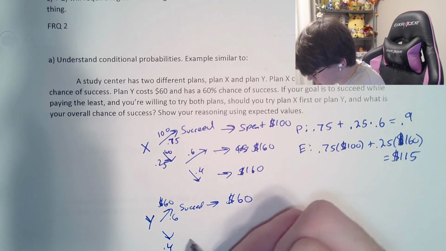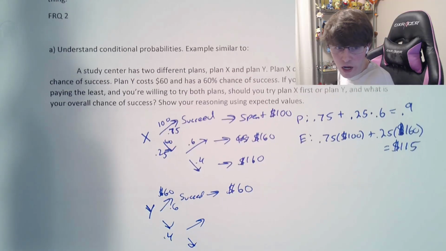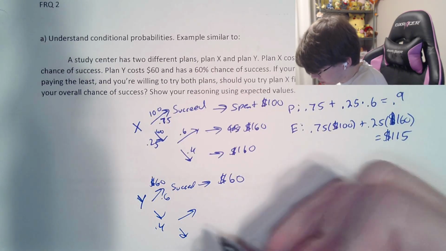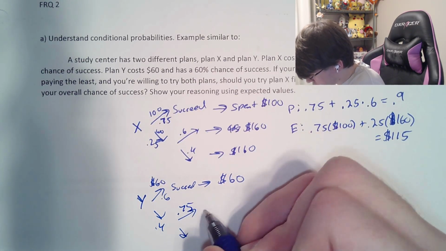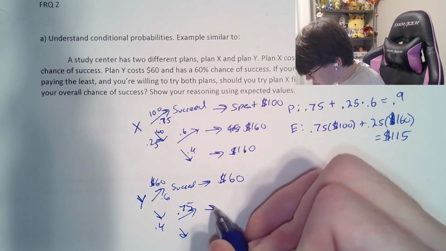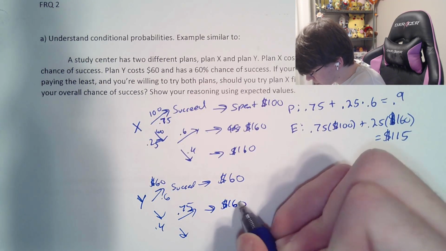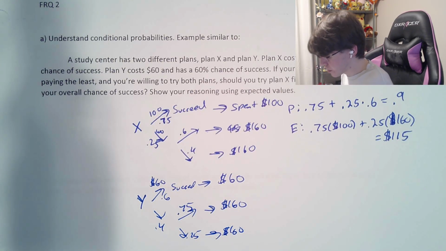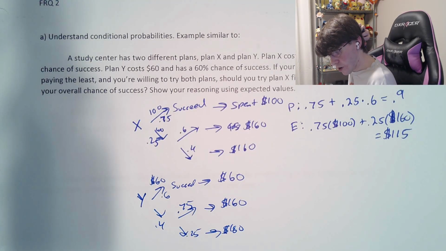And 0.4 of the time you're going to go to Plan X anyway. If you do Plan X here, you have a 75% chance, and on this one you spent again $160, and 25% of the time you still spent $160 and you failed anyway. Yikes.